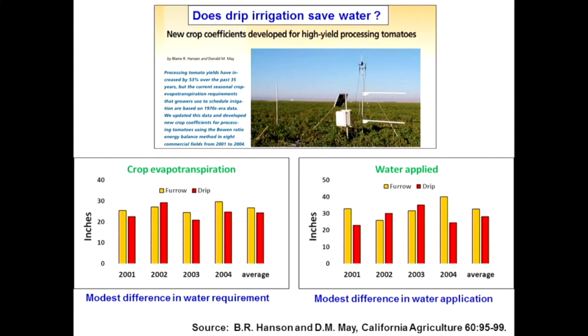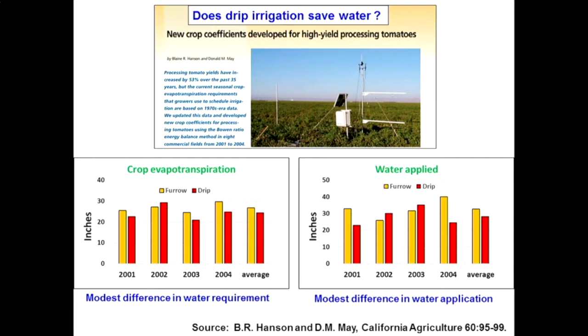And here, this is an experiment. There's a bunch of charts there, but basically what it said to me, this experiment for several years run by irrigation specialist Blaine Hansen and Don May, an advisor down in Fresno, that those two had worked with drip irrigation early on. And what it said was that in the early days, when yields were, let's say, 35 tons per acre, water use did not change to make this a 50-ton crop.